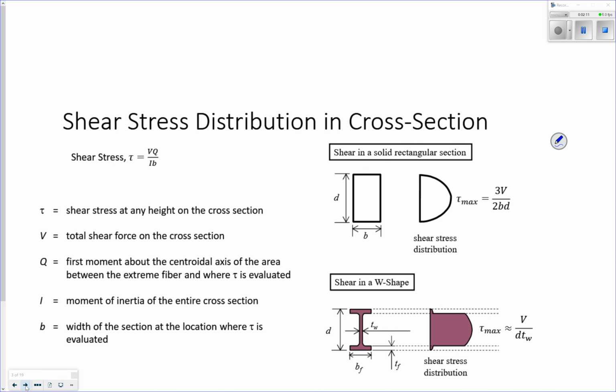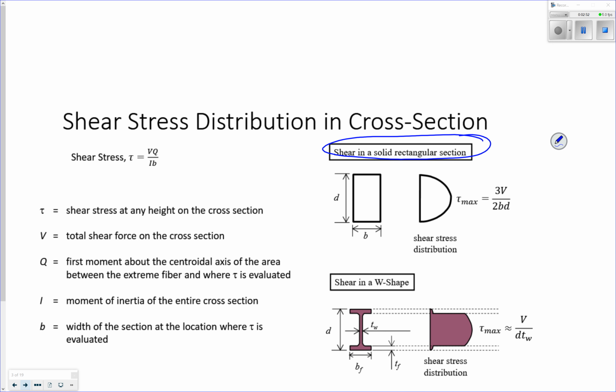So let's talk about shear stress. If you end up going further in structures, you'll learn about shear flow and the distribution of shear stress. You might have talked about it a little bit in mechanics of materials. But basically, if we're looking at a solid rectangular section, the shear stress is going to be distributed parabolically along the depth. So this is the height, right?